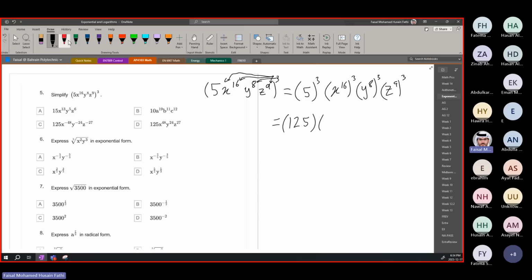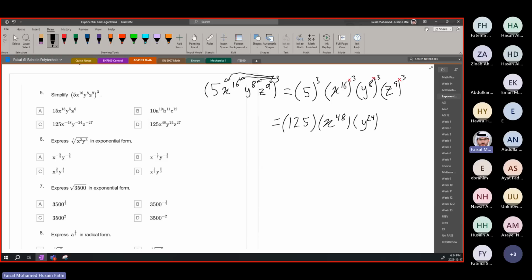Here we're going to be multiplying, rule of indices. 16 times 3 is 48, yes, x to the power 48. y, 8 times 3, 24.